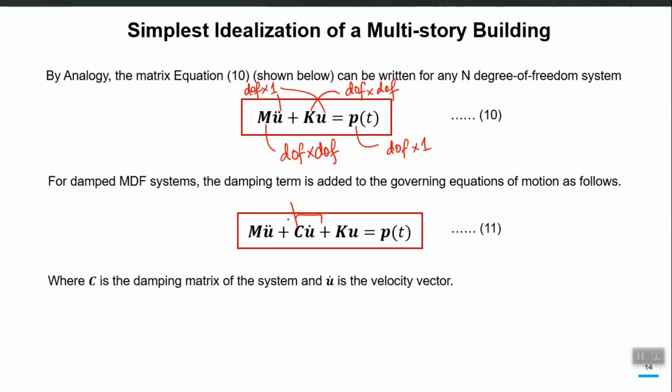But for now you can just think of it as a square matrix, which is a representation of the overall damping of the multiple degree of freedom system. So that small c is now replaced by the C matrix, right. U dot is the velocity vector, story velocities, right. So it is again degree of freedom by 1. So equation 11 is a more complete form of the equation of motion.